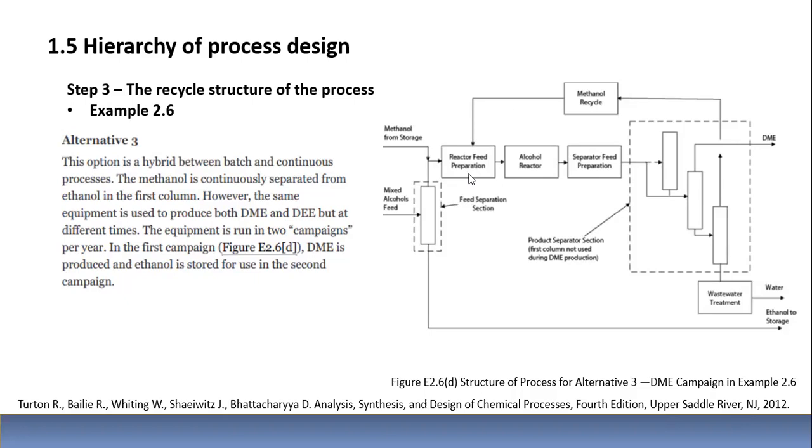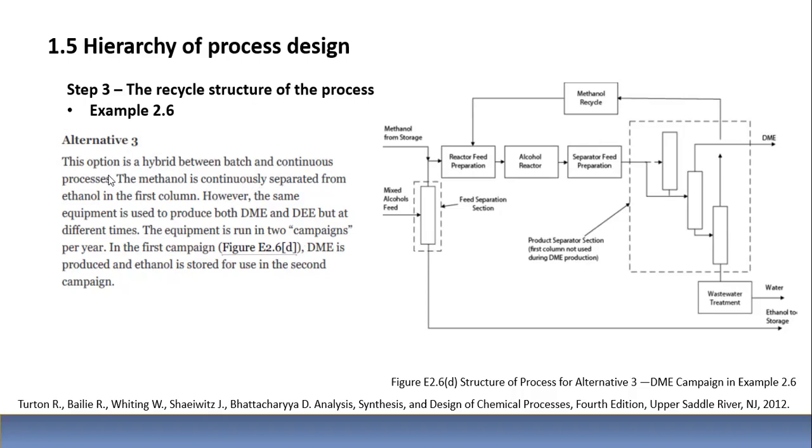Aquí observamos reactor, feed preparation, alcohol reactor, separation feed, y vemos nosotros que aquí está la separación del producto. Cuando se alimenta, dice que viene el metanol del almacenamiento. Cuando se alimenta el metanol, produce dimetiléter. Y cuando se alimenta el etanol, produce dietiléter. Entonces, la planta se usa en campañas.